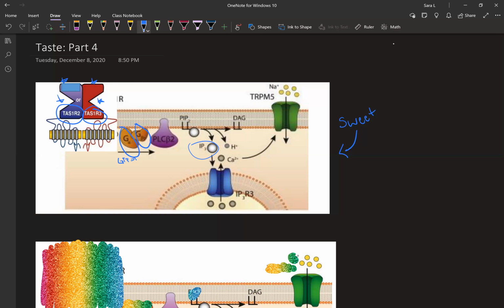So, as you can see, we've got this whole complex chain of things, as opposed to just a simple ion channel. But the end result is very similar in the sense that just as if we had an ion channel that was selective or permeable to sodium, we now have an influx of sodium entering our cell as a result of this whole cascade.